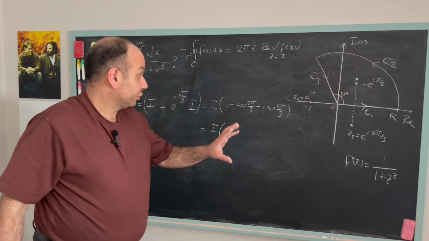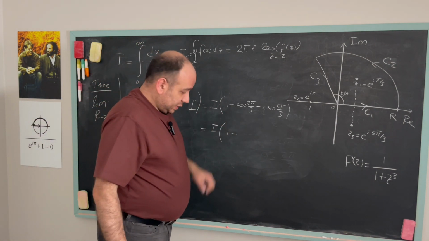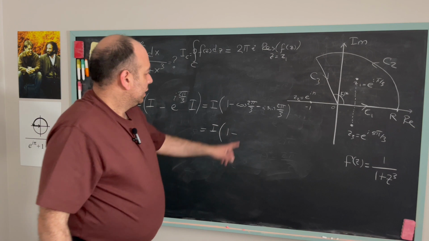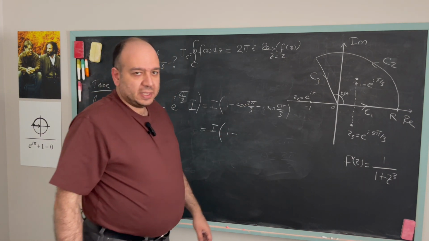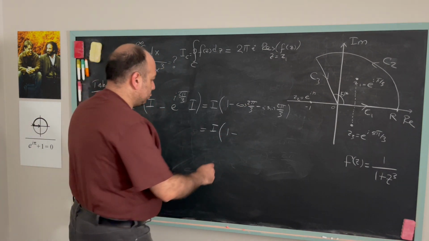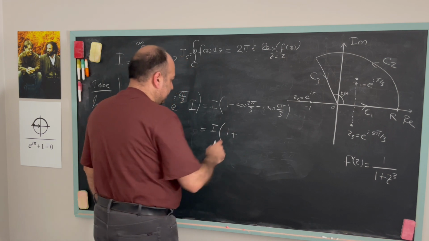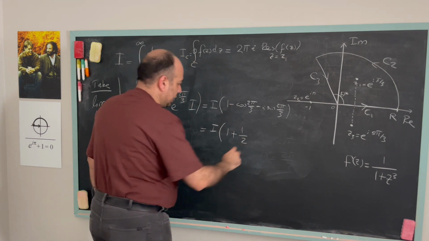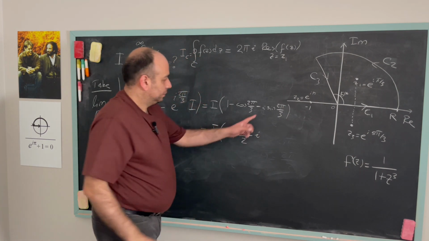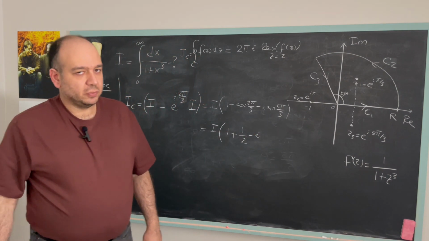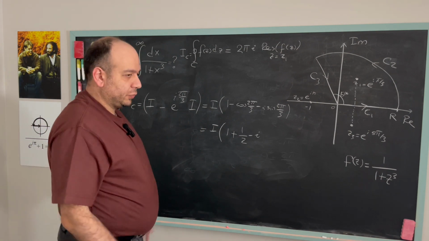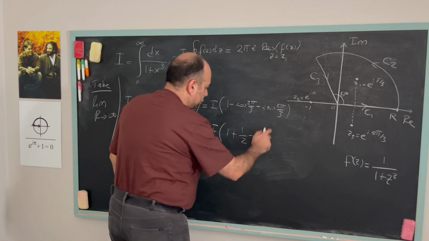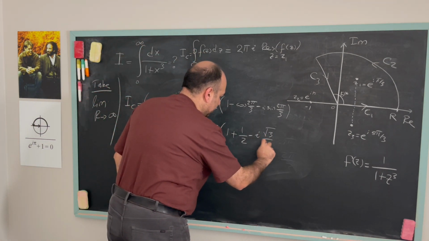We are in the second quadrant, so the cosine is going to be negative. Cosine 120 is minus 1/2. Then we have minus I times sine 2 pi over 3. Sine 120 degrees is positive square root 3 over 2.